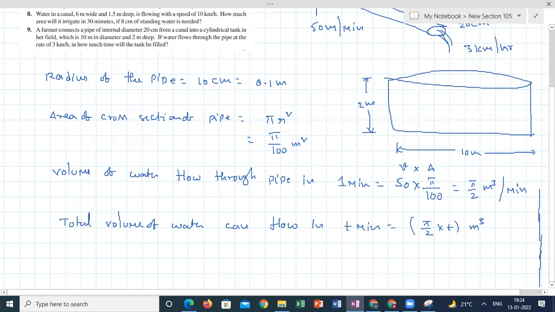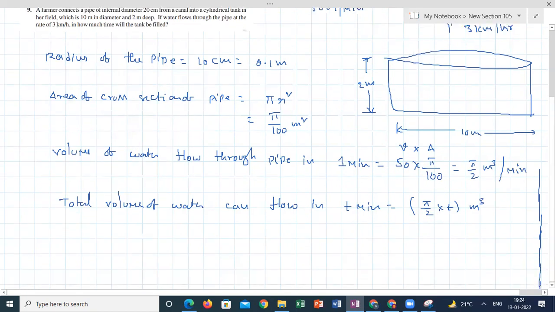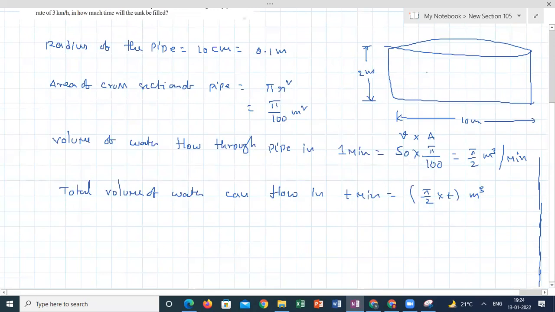This amount of water is collecting in the cylinder. So volume of water flown in t minutes, because how much time is required to fill this, is equal to the volume of the cylindrical tank.